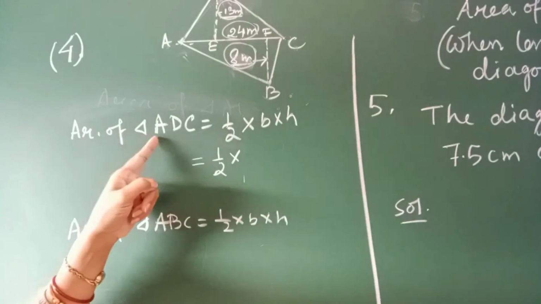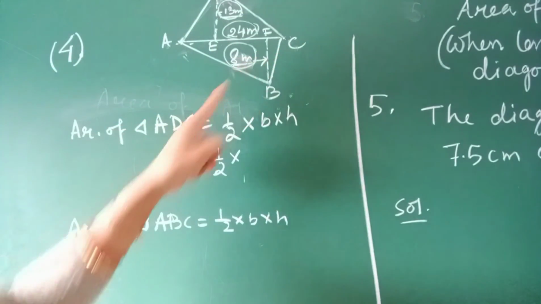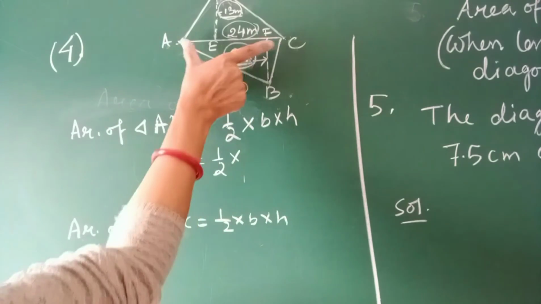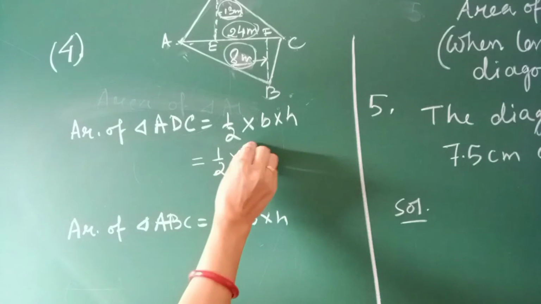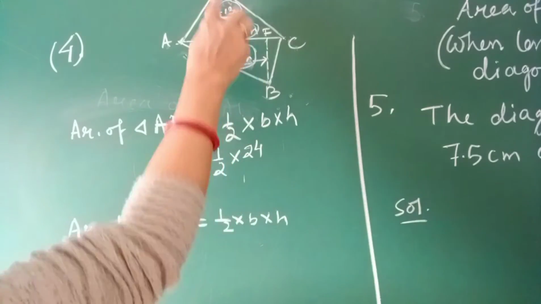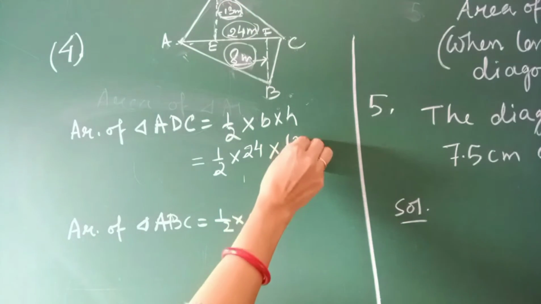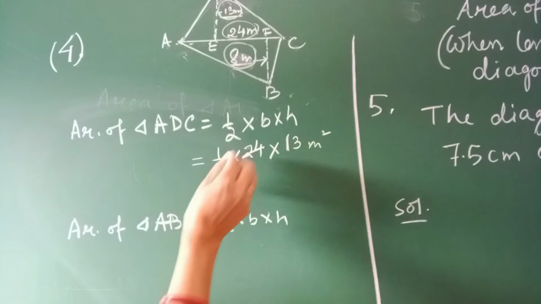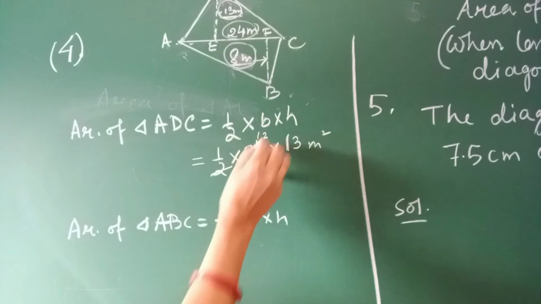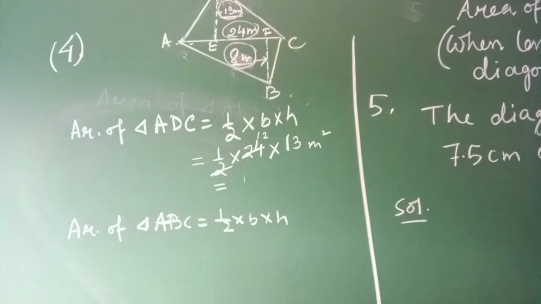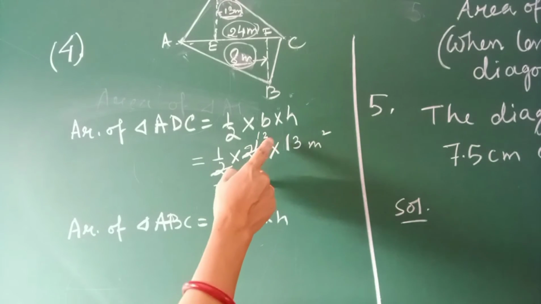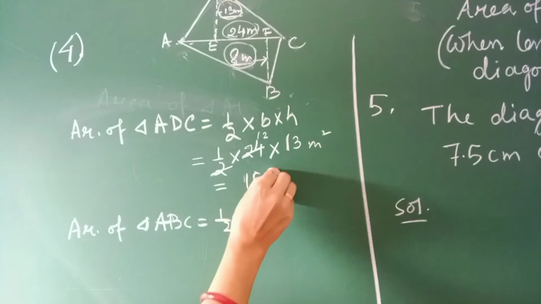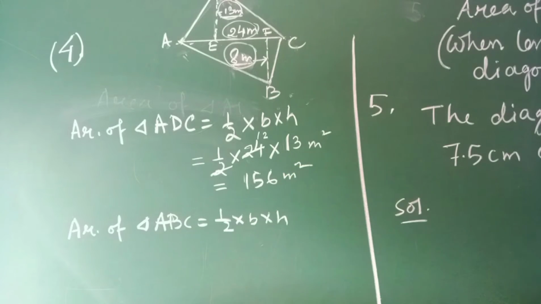Now area of triangle ADC is half into base into height. Here base is AC, which is 24 meter, the length of the diagonal, and height is 13 meter. So meter into meter, area is meter square. Cancel it, 12. Now 12 into 13, if you multiply, you will get 156 meter square.